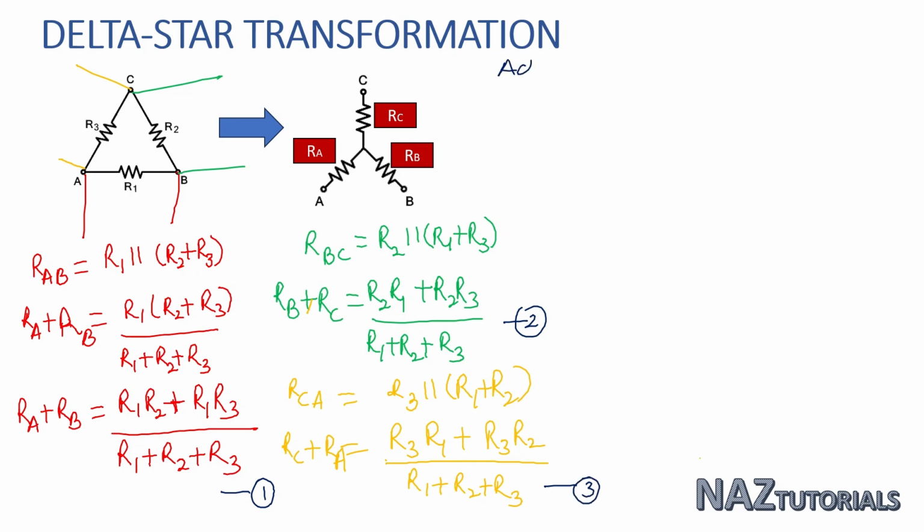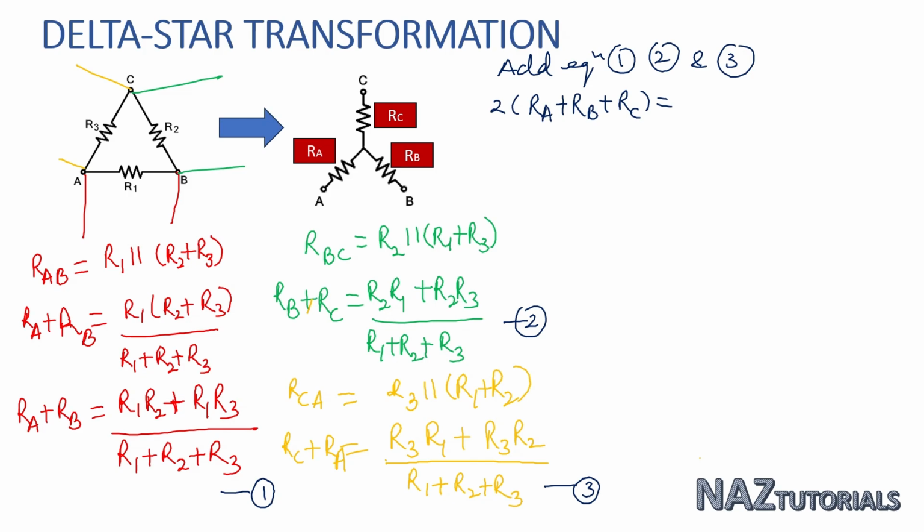Now add equations 1, 2 and 3. If you see the left side of these equations, that is RA plus RB, RB plus RC and RC plus RA, you can write it as 2 times (RA plus RB plus RC).